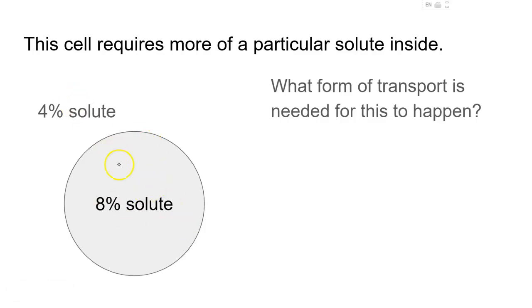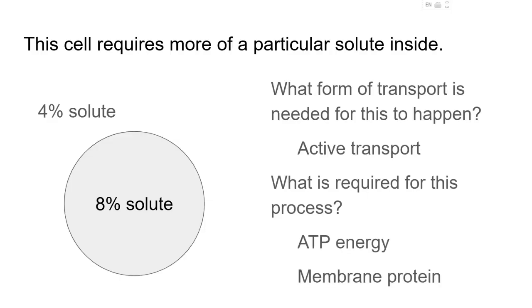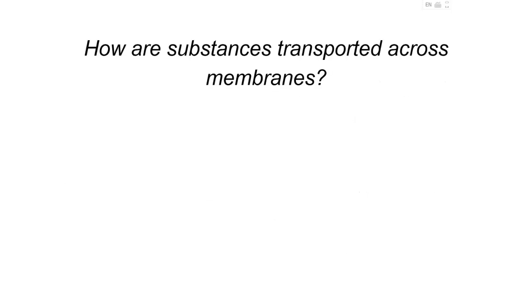They should be trying to equal out. They're not. We need the cell to have a higher concentration of solute. So what form of transport is needed for this to happen? This would be active transport. What is required for this process? We need ATP energy and a membrane protein.